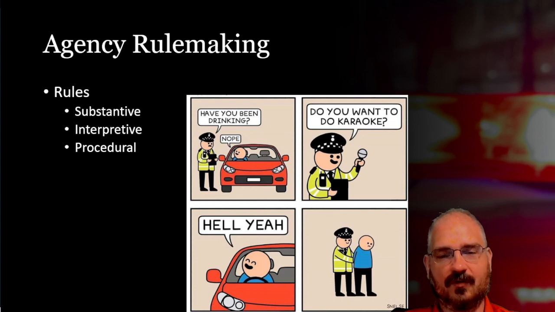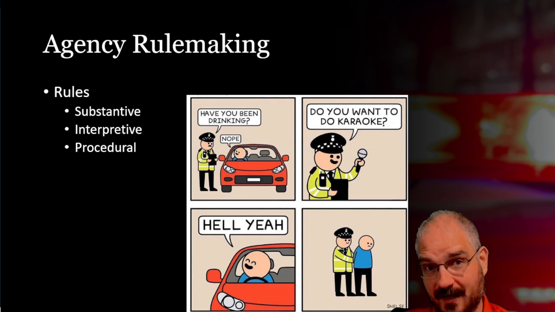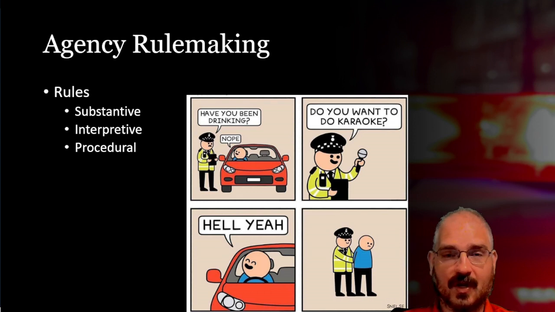Interpretive rules are rules saying, hey, this law passed by Congress was a little vague. Here's how we're choosing to interpret it, right? So we could use, Congress passed a law saying that NASA has to send a probe to explore Mars by 2030.